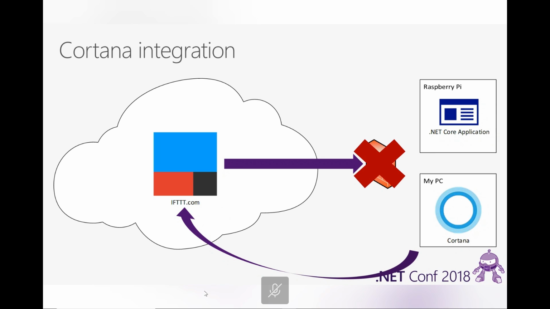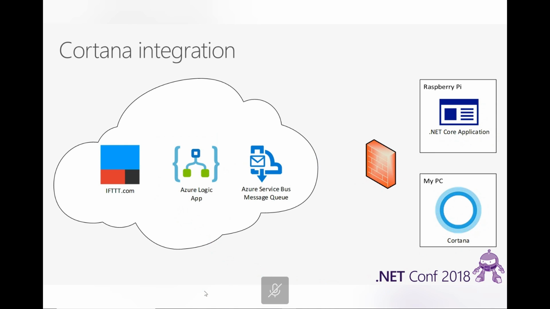So the way this is going to work is we're going to use a couple other services. We're going to use an Azure Logic App and an Azure Service Bus message queue. And the way it's going to go is when we first start the application, it's going to make an outbound connection from behind my firewall to the message queue, where it's going to watch the queue, and it's going to wait for new messages.